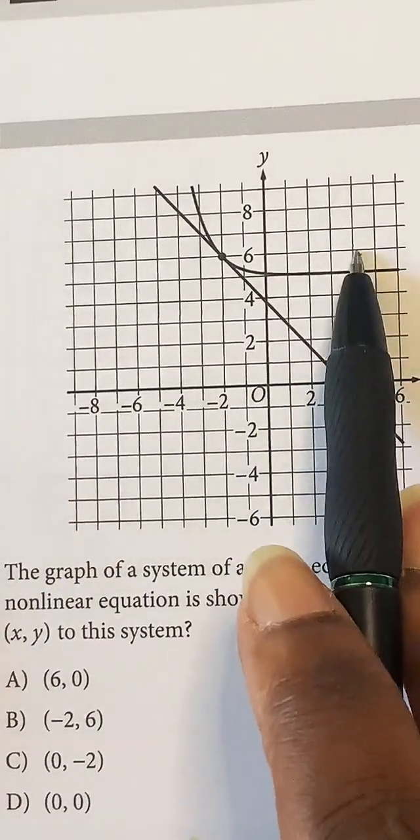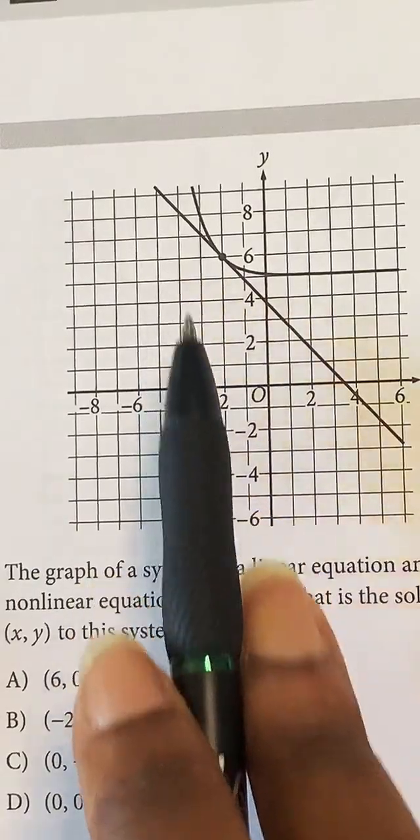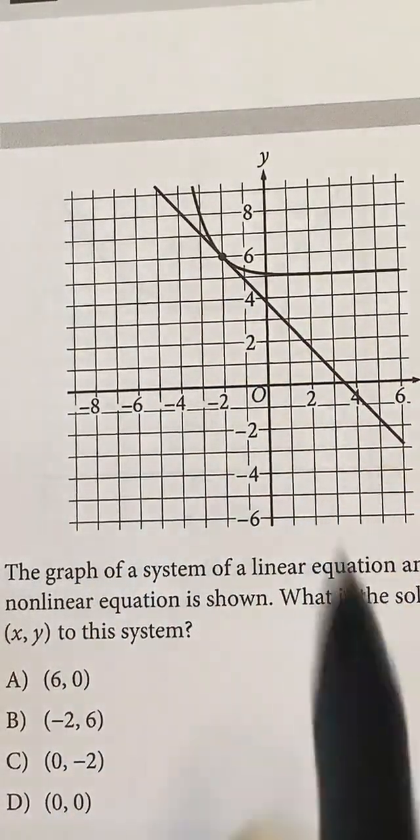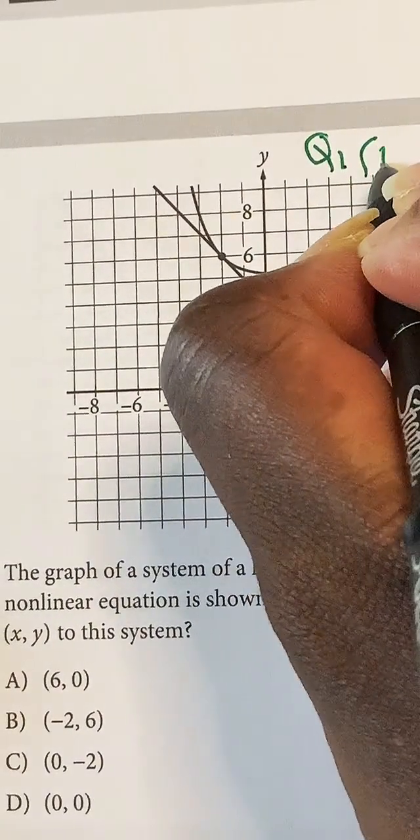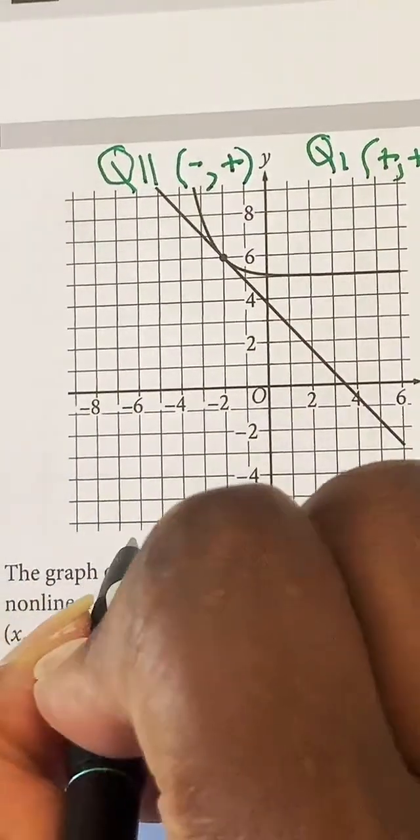Notice, this is the first quadrant. This is the second quadrant, the third and the fourth. We know with quadrant 1, both your X and Y's are positive. Quadrant 2, Roman numerals, we'll keep that going. Your X is negative, your Y's are positive.